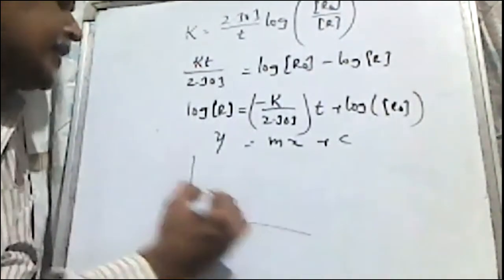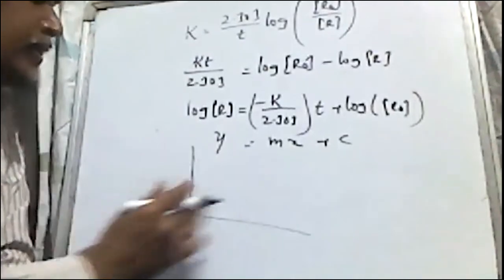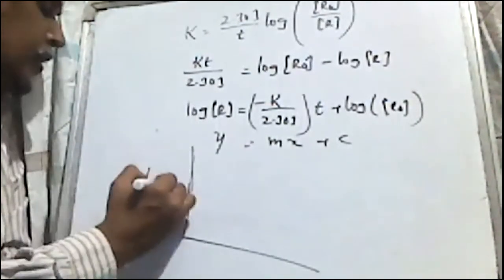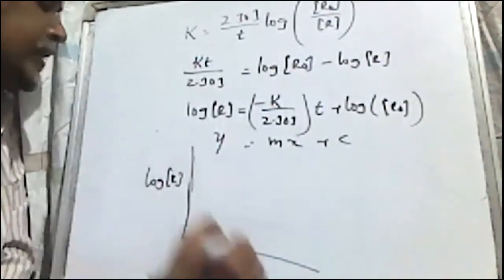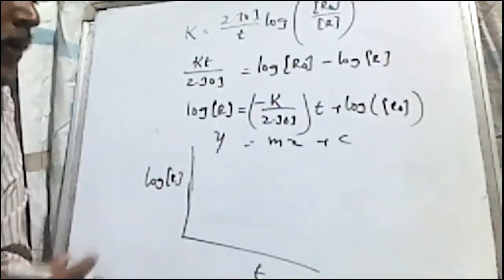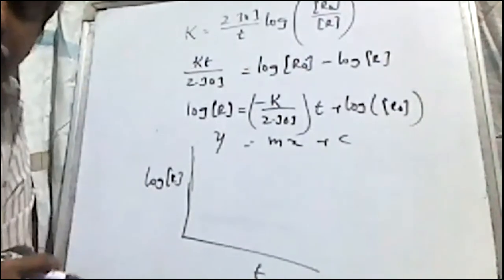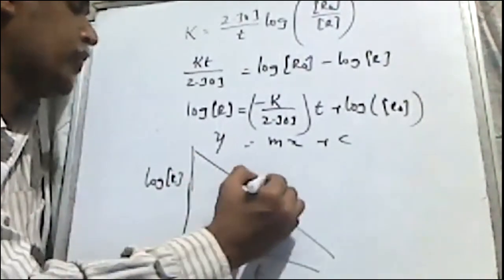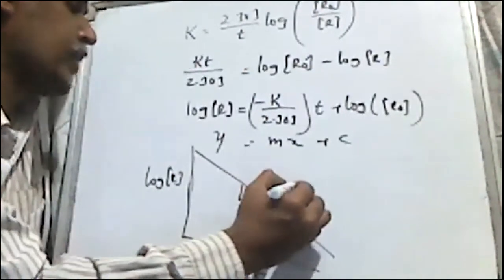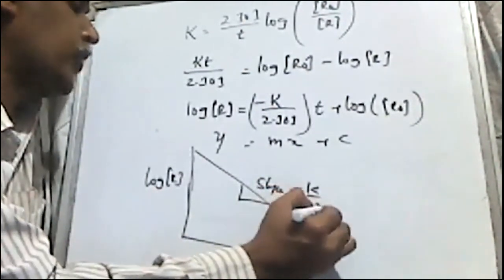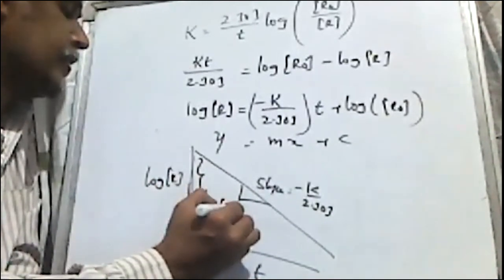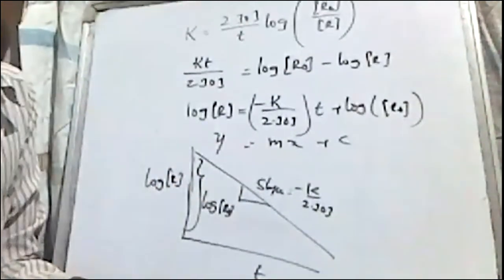If I plot log concentration of reactant versus time, this is also a straight line with a negative slope and an intercept. The slope is equal to minus k by 2.303 and the intercept is log R naught.